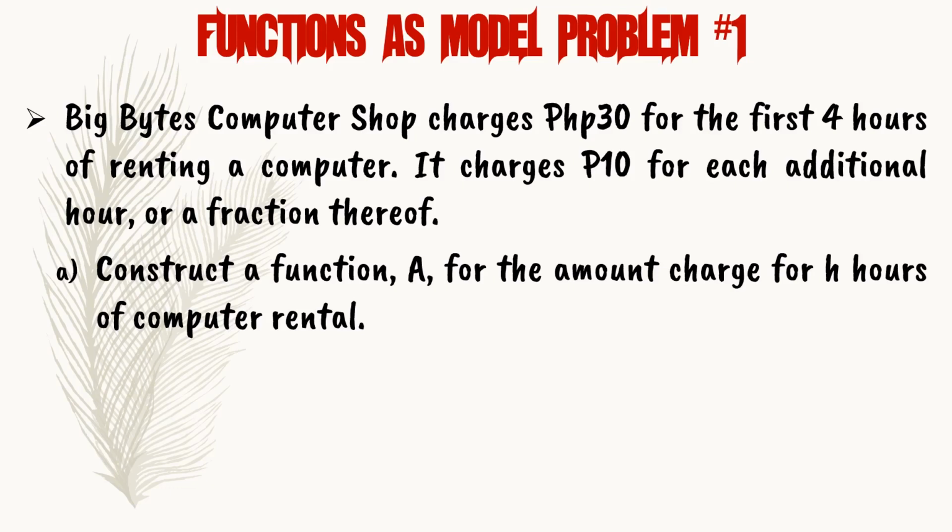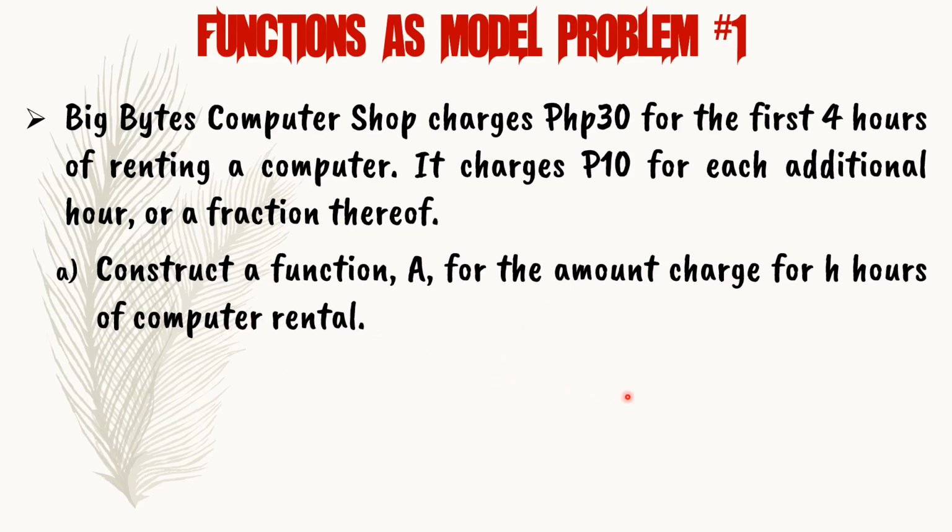There are two conditions. For the first 4 hours, it charges 30 pesos. And for the additional hours, that will be 10 pesos for each hour or a fraction thereof. Meaning, if you only play for an additional 30 minutes, you still have to multiply it by 10.